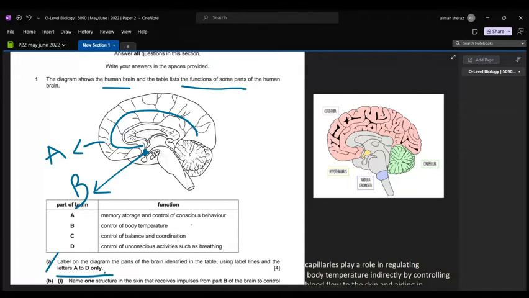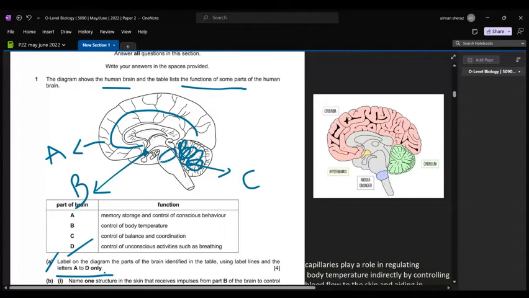That is done by the cerebellum, which is this part. If you see this picture that I have attached, it is very similar to that given in your exam. And it has all those four parts labeled which we are talking about. So, the part D, control of unconscious activities such as breathing, that is done by the medulla, which is this part.